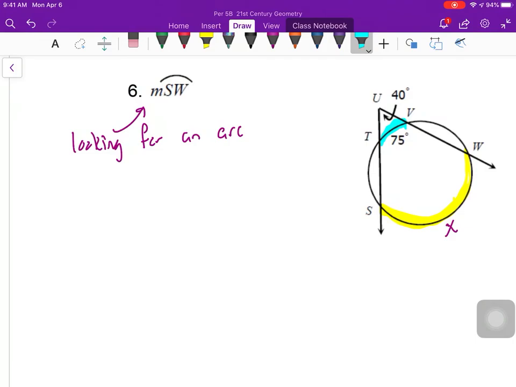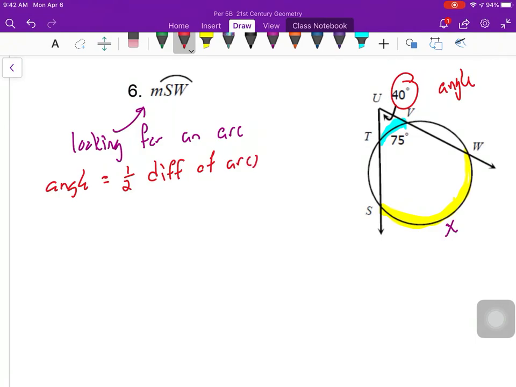I'm going to call that my X. I do know the other arc. I know this arc. And I do know the angle. And remember, the angle is equal to half the difference of the arcs. And this happens to be the big arc.